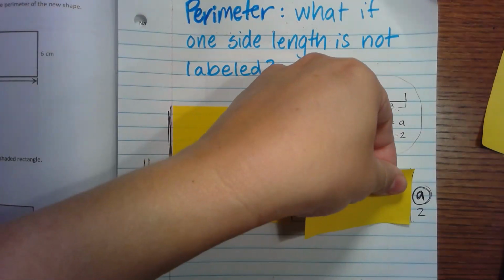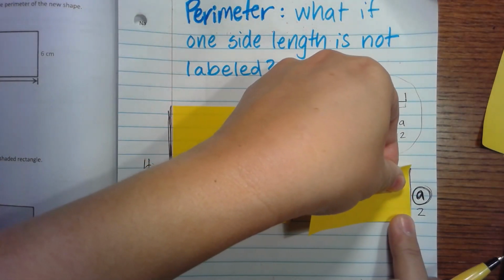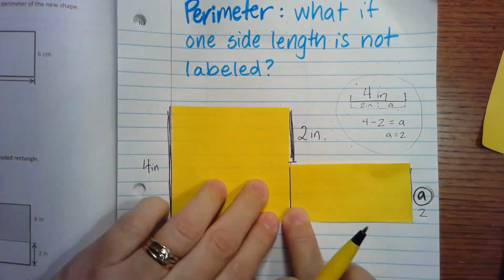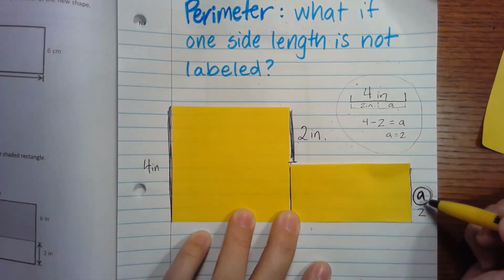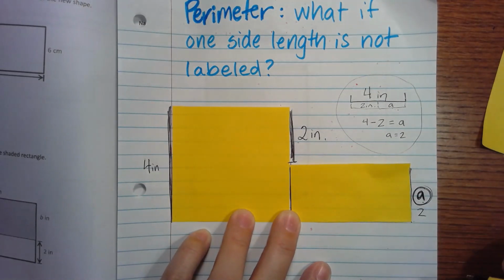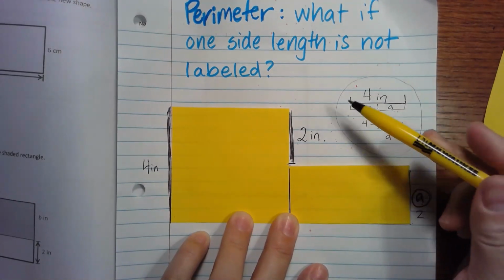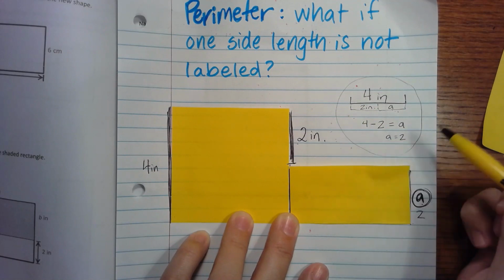So for some reason, when the shapes get weirder, sometimes kids don't see the connection between this length and these lengths. So we're going to have to make that connection today. What if one side length is not labeled? We need to figure it out.